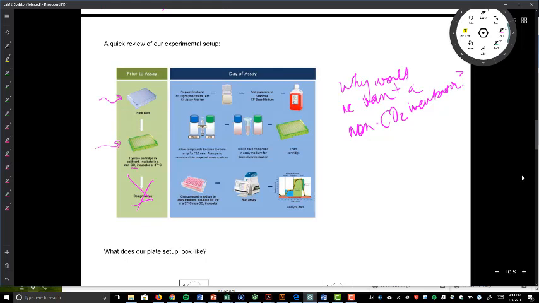So the day of the assay, I'm going to go upstairs and prepare the medium. I take the medium, add any extra supplements that we need, and then adjust the pH. Then, with Manish, you're going to prepare the compounds that we need.